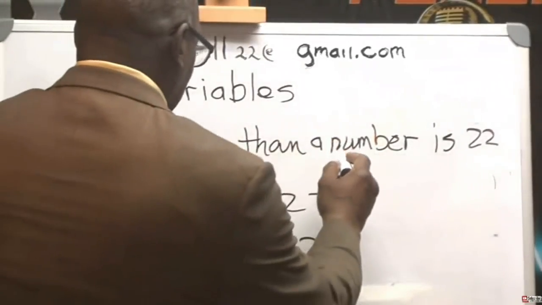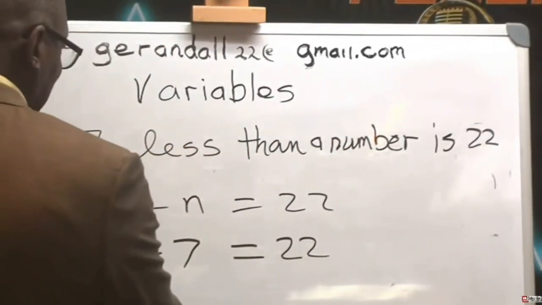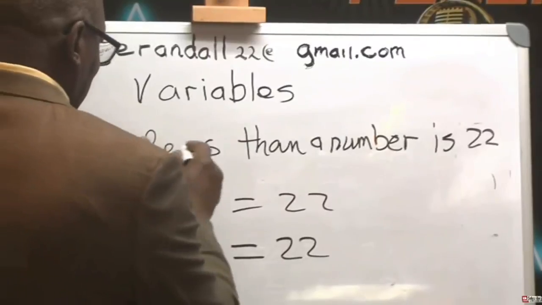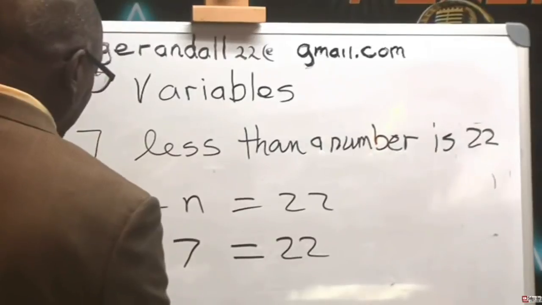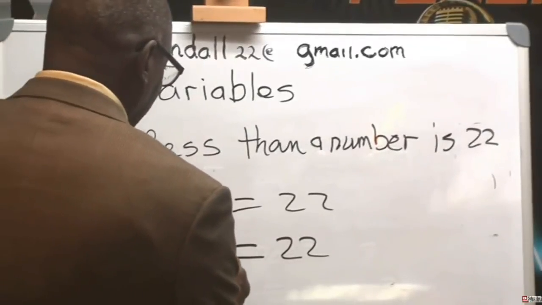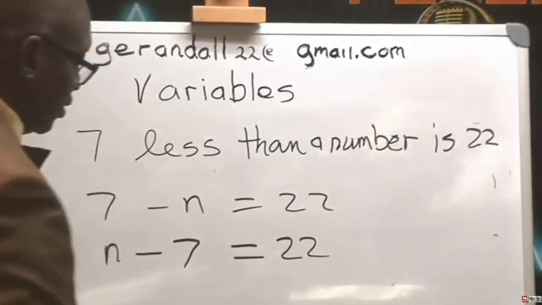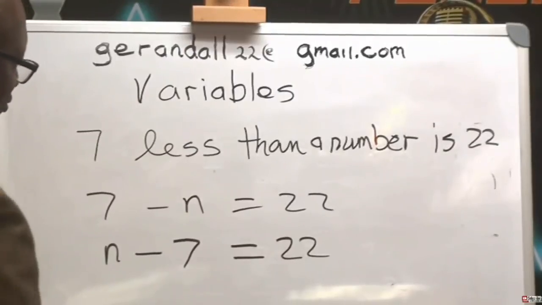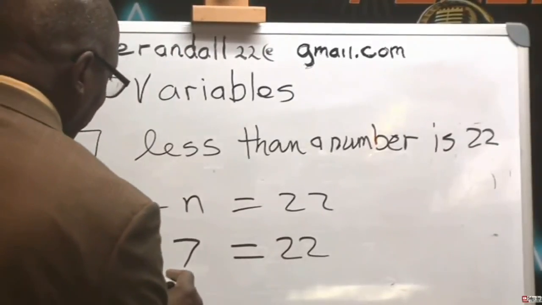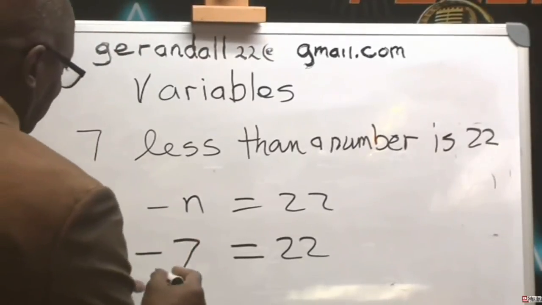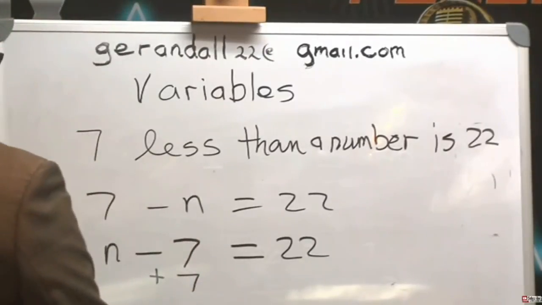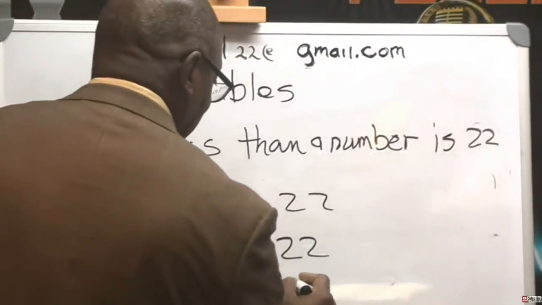That says the number, even though the 7 came first, 7 less than a number. So you have the number, you subtract 7, and it equals 22. And guess what? Real quick, we'll solve this one-stepper. How do you undo subtraction? You add. Whatever you do to one side, you must do to the other.